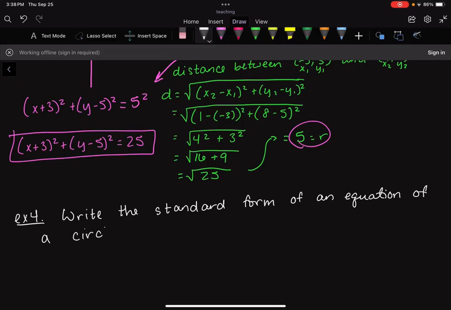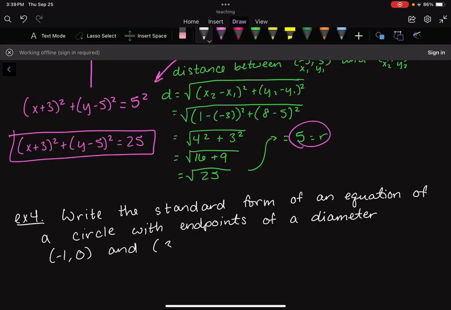So very similar to what we just did, but maybe they're going to give us different information. With endpoints of a diameter negative 1, 0, and 3, 4.